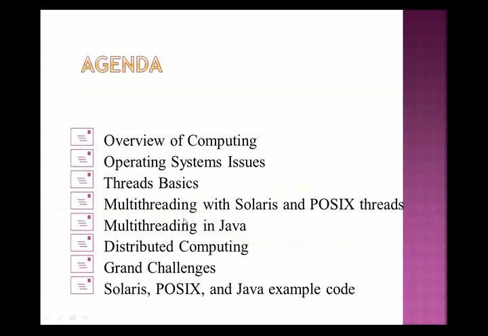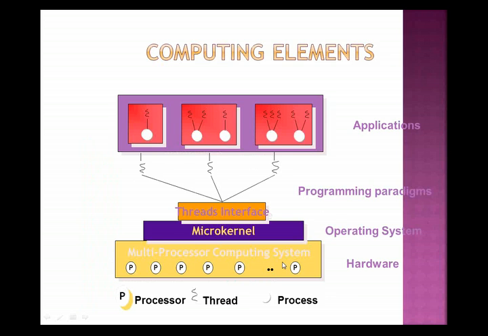Now what is the agenda? First of all, an overview of computing, then operating system issues, then thread basics, multi-threading, Java, distributed, grand challenges for Solaris, POSIX and Java examples. First of all, computing elements, that is, what computing elements we have for computation purposes. First, there are applications running on a computer like Office, Word, Excel, PowerPoint.